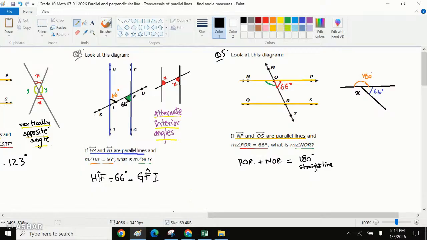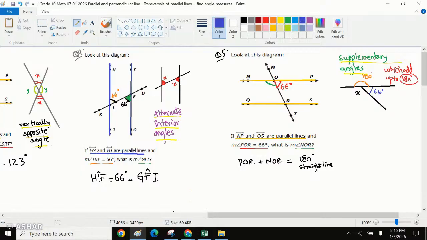Whenever the angles form a straight line, or the angles have a sum equal to 180 degrees, those angles are known as supplementary angles, which add up to 180 degrees.